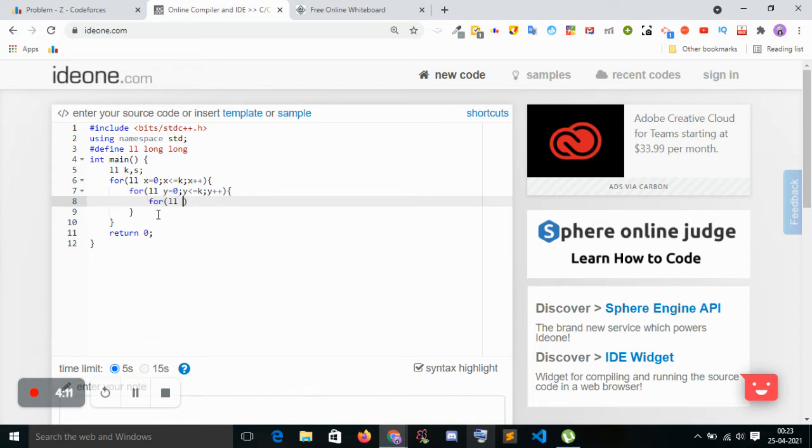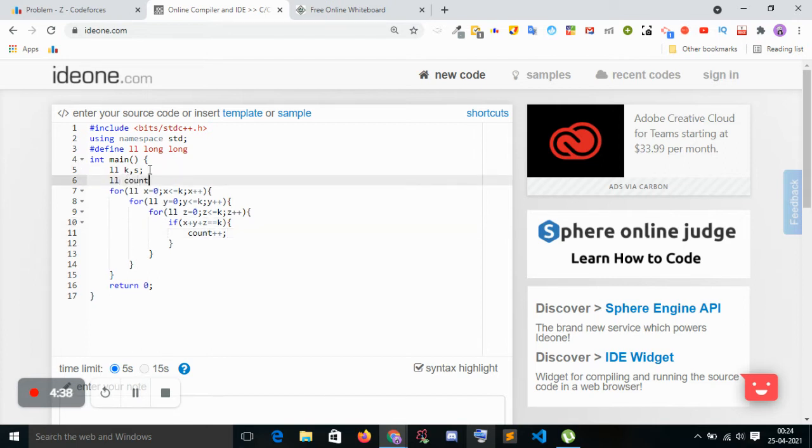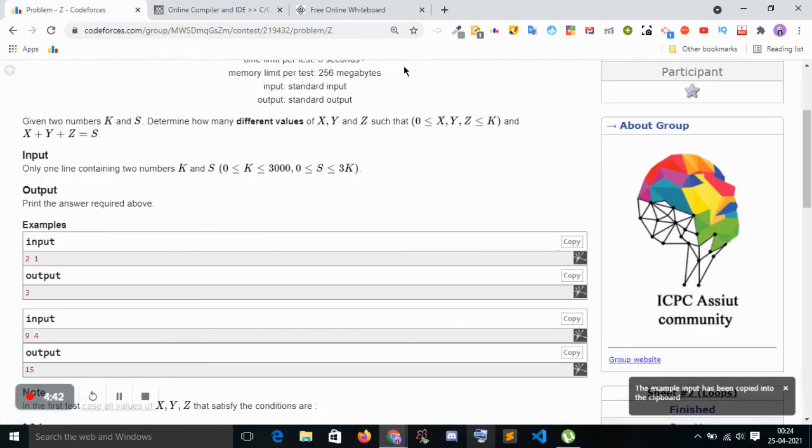For ll z equal to 0, z less than or equal to k, z plus plus. So if x plus y plus z equals k, count plus plus. And ll count equal to 0.